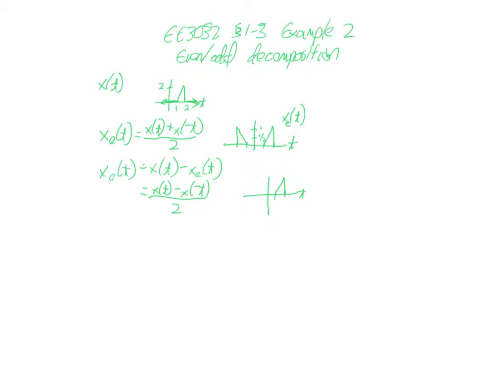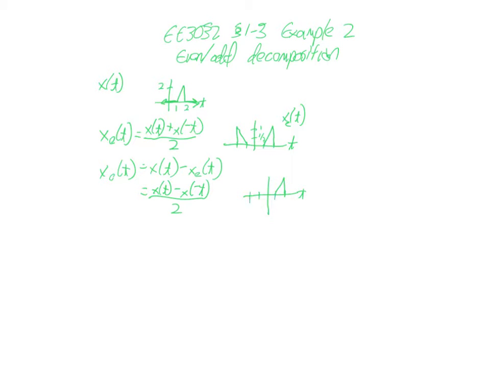The time mirrored version, that's what we called it when we replaced t with negative t, is the same time mirrored version as we had up here for the even component. But I also invert it in the case of the odd function.